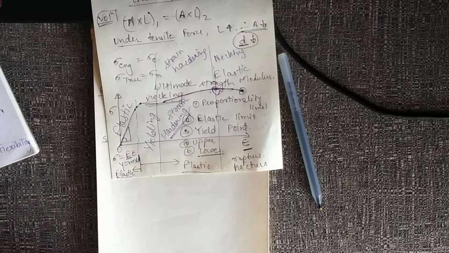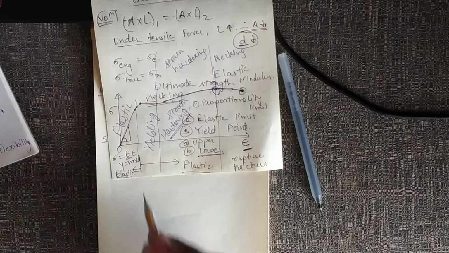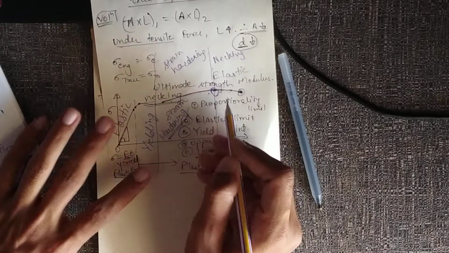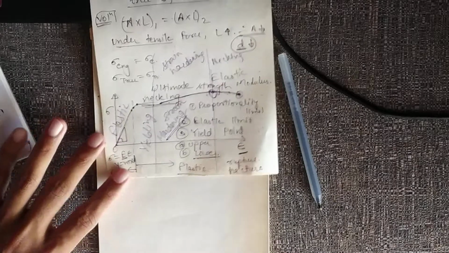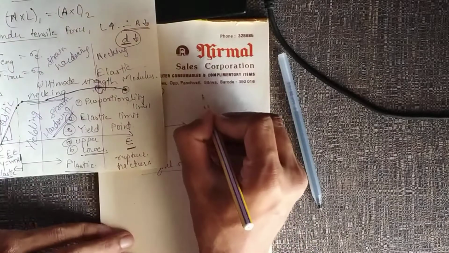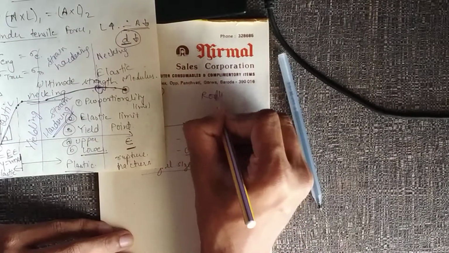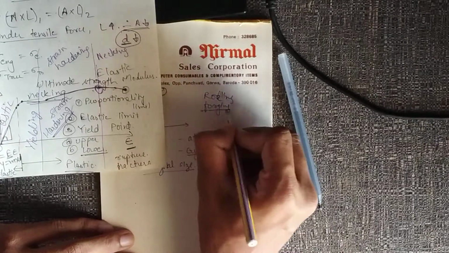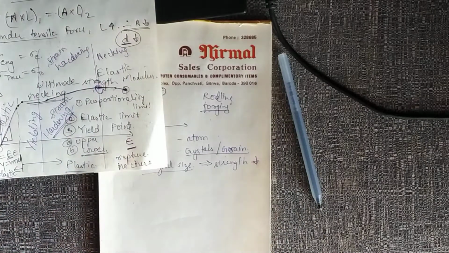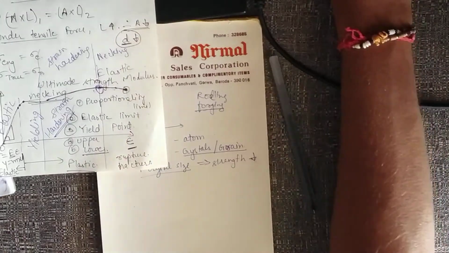Plasticity is the material's ability to be permanently deformed even after the load is removed, and it is required for studying processes where permanent deformations are needed, such as rolling, forging, etc., where we are permanently deforming the material to give it another shape.